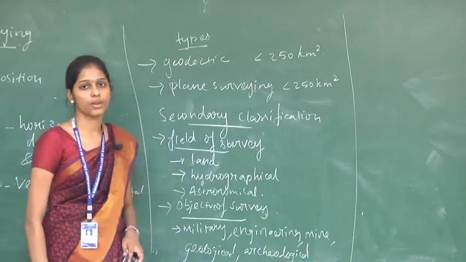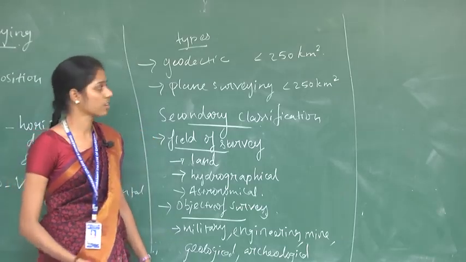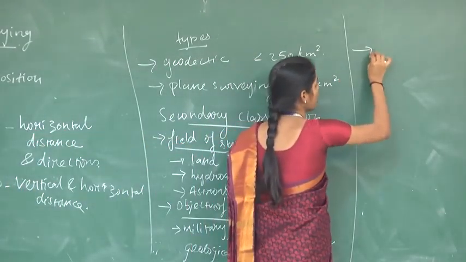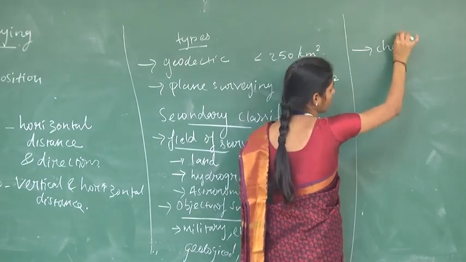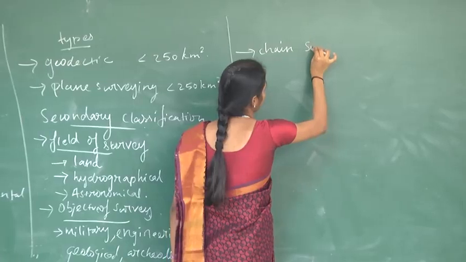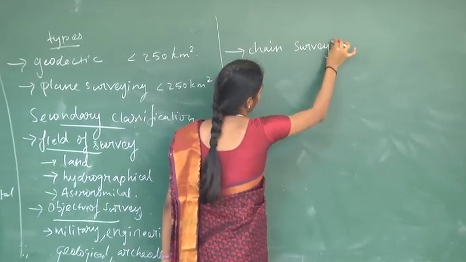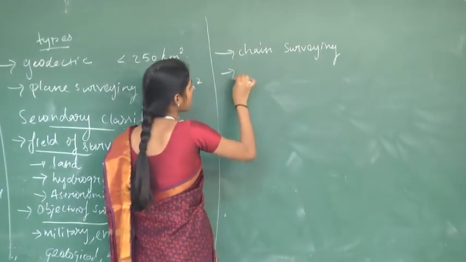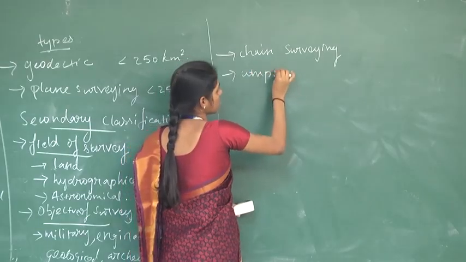Surveying is also classified based on the instruments used for surveying. For example, if you are using chain for surveying, it is said to be a chain surveying. If you are using compass, it is said to be a compass surveying.